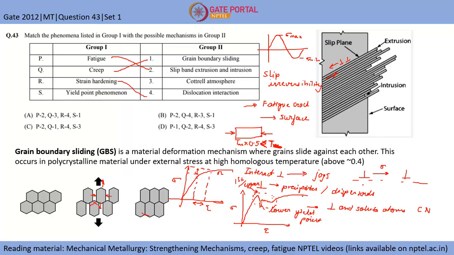Now normal strain hardening will begin, which will be governed by n, the strain hardening exponent. The overall atmosphere created by these solute atoms, which provides hindrance to the dislocation movement, is known as Cottrell atmosphere.